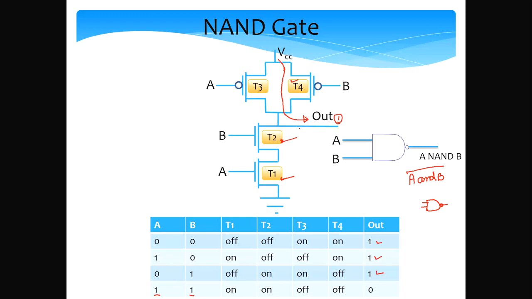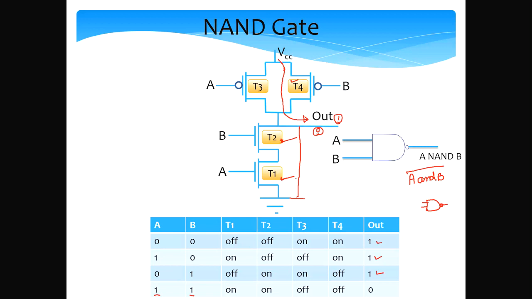So you have a straight path between the output and the ground. What about T3 and T4? Both of them are turned off because the voltages at A and B are 1 each. So in this case the output will be driven to a logical 0 because it is directly connected to ground, which is assumed to be at 0 volts.